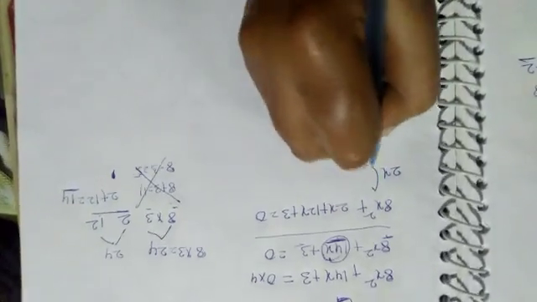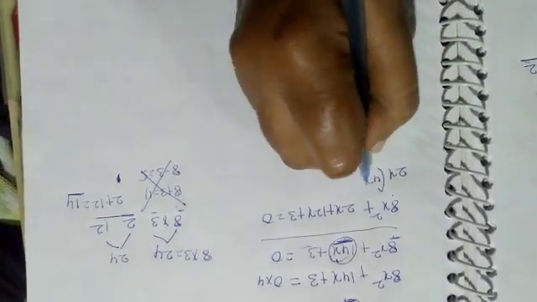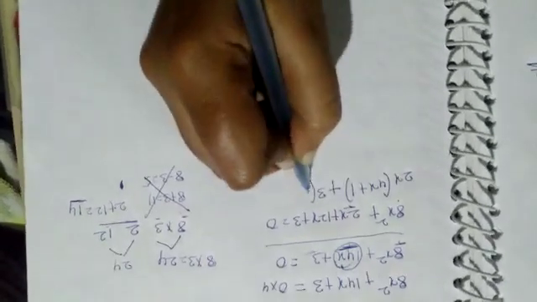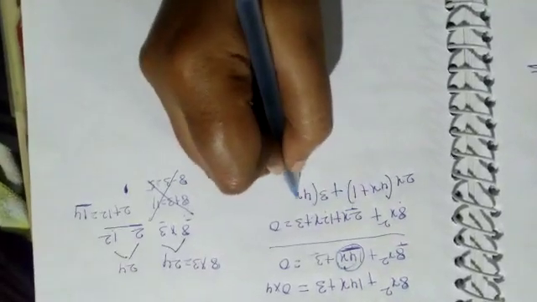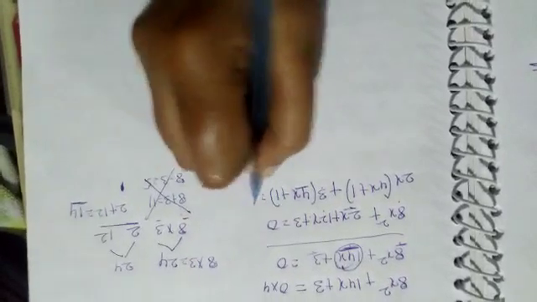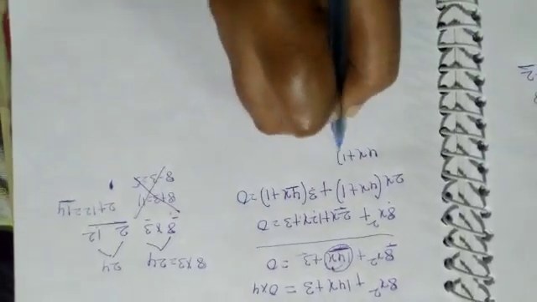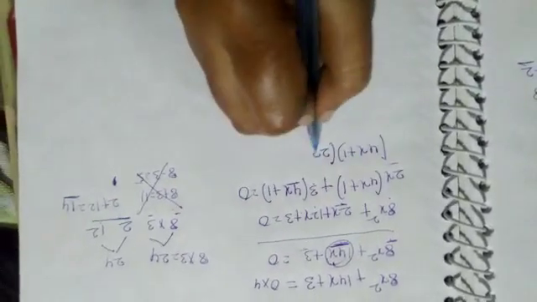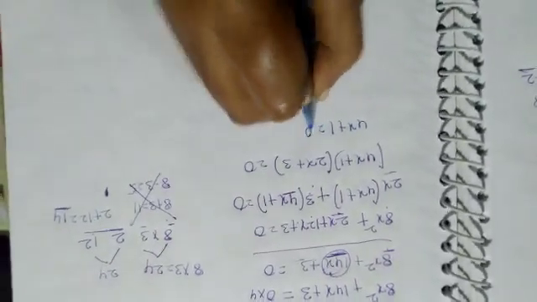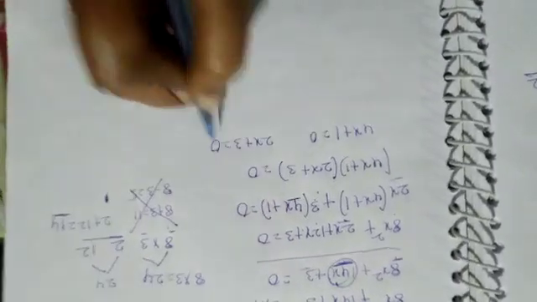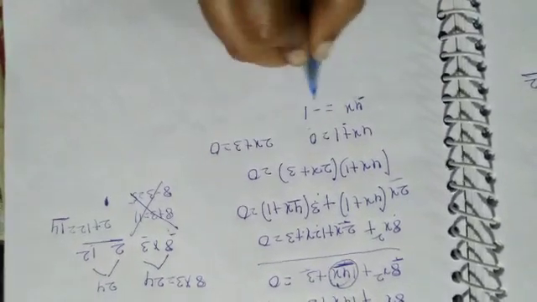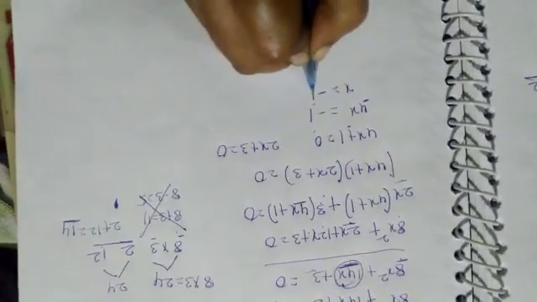Here 2x is common, remaining 4x plus 1. Here 3 is common: 3 into 4x, 3 into 1, so 3 is common, 4x plus 1 equal to 0. 4x plus 1 is common, first term 2x, second term 3 equal to 0. So 4x plus 1 equal to 0 and 2x plus 3 equal to 0. 4x plus 1: plus 1 comes to this side, minus 1, and the 4 goes under.